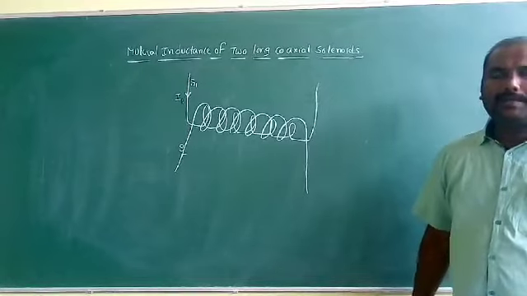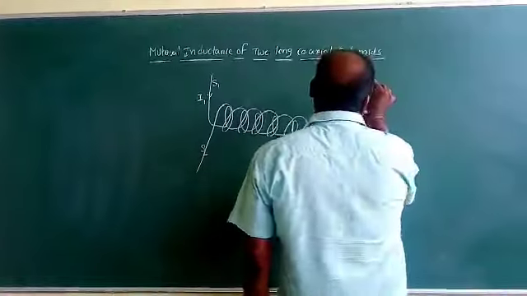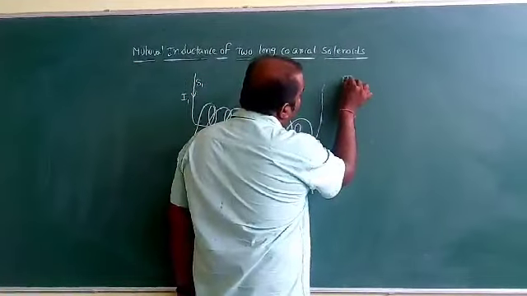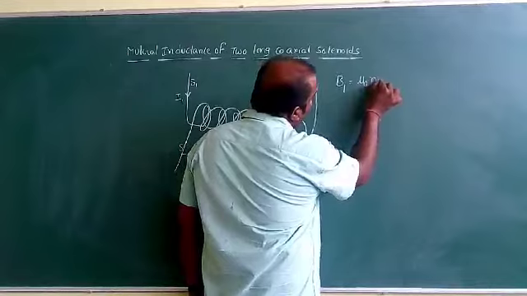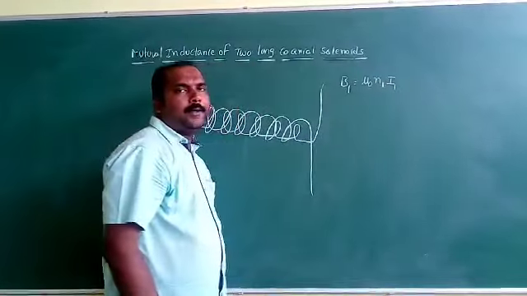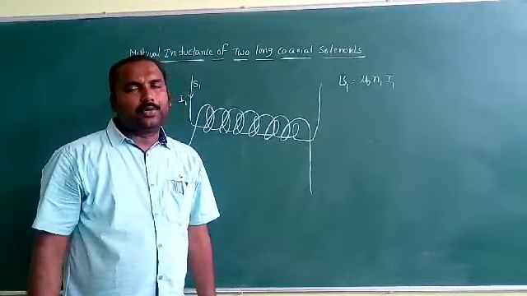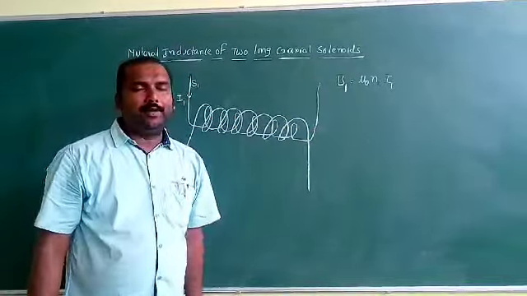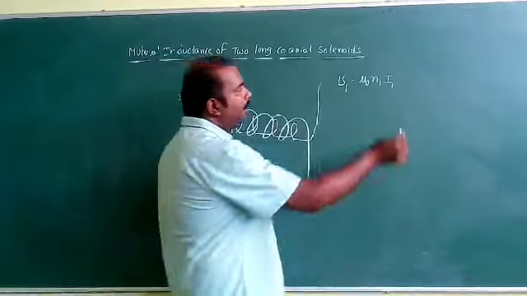We already know from the previous class, on solenoid and toroid, that the magnetic field produced by a solenoid is B1 is equal to mu naught n1 I1.